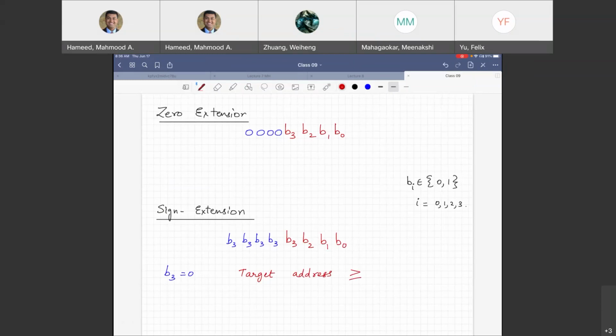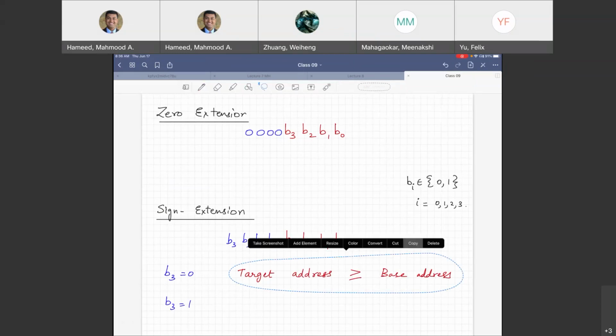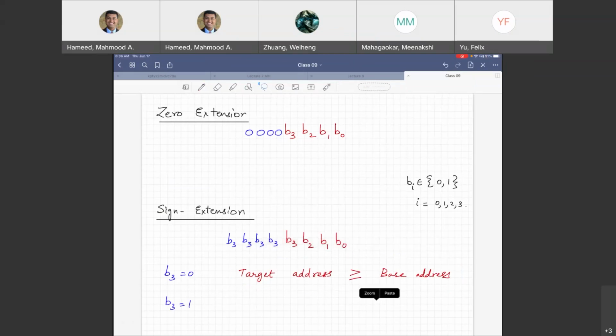Yes, target address is greater than or equal to base address. And then, of course, I can talk about the other case. If B3 is 1, then target address will be less than base address. Jump up or jump down? You guys see that? Yeah.